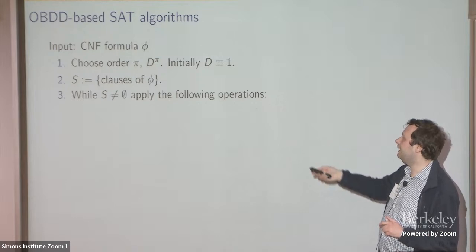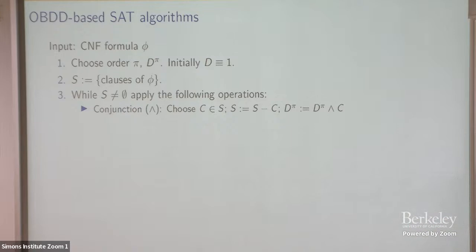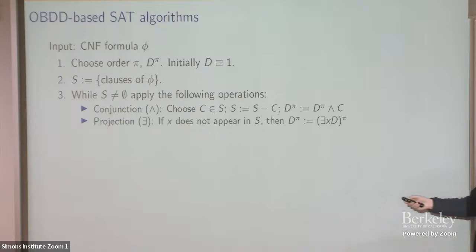Initially, it's constant one. It can download clauses from the formula, and when it downloads a clause, it deletes it from the formula. And it also can apply the projection rule. If variable x does not appear in the formula, it was also deleted, then we can apply the projection rule.